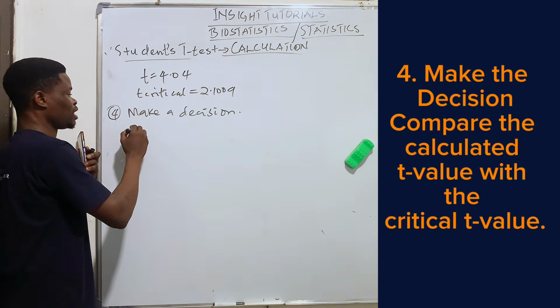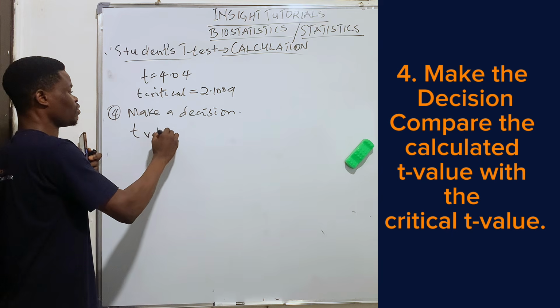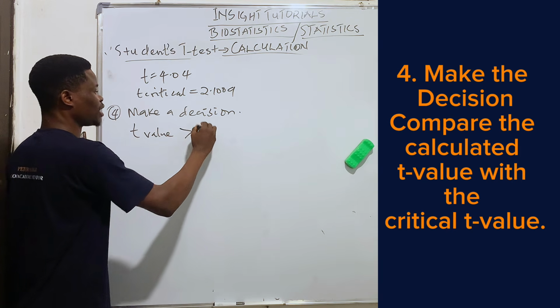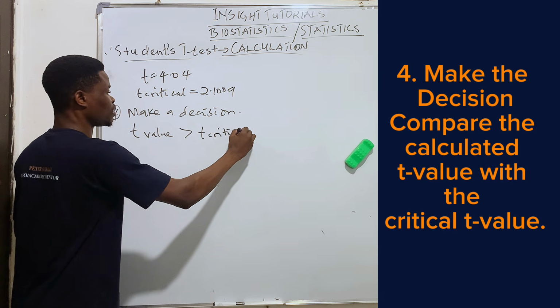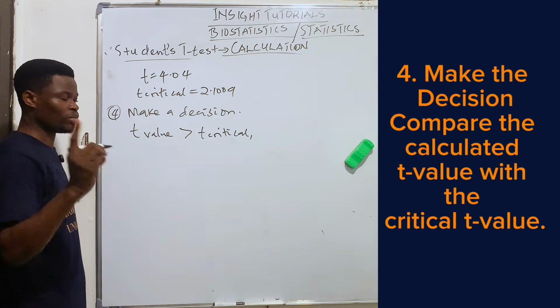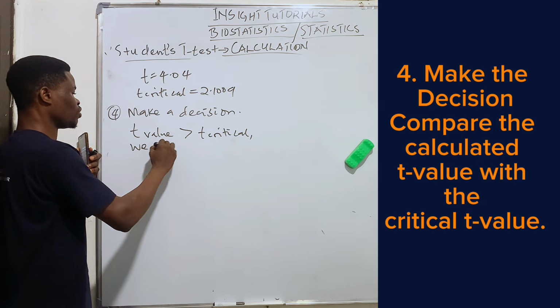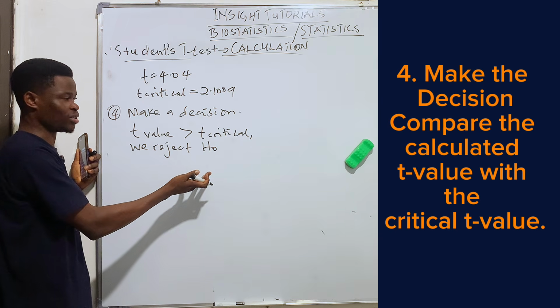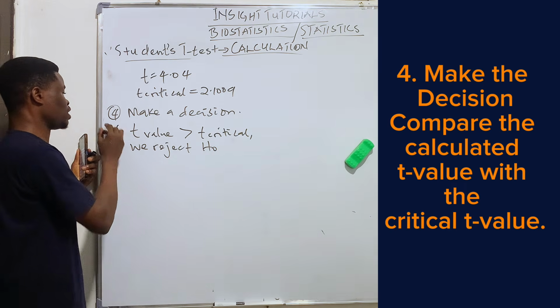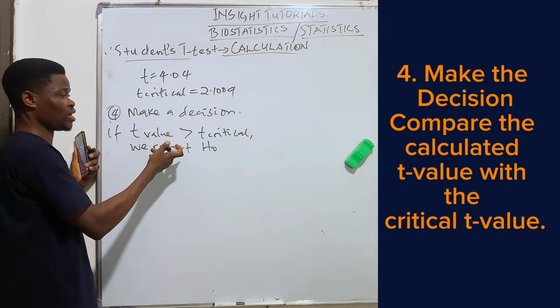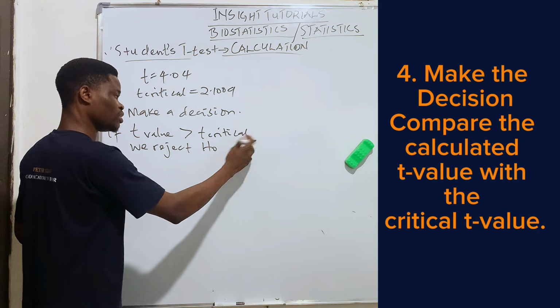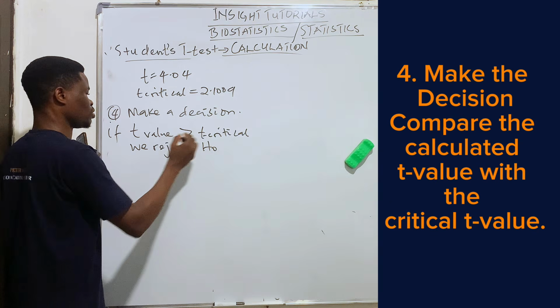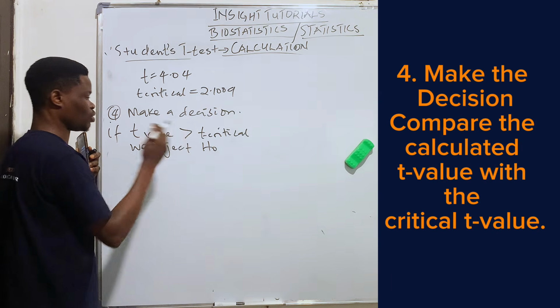The law says that if the t value is greater than the t critical, the decision we'll make is that we reject H0, where H0 means the null hypothesis. That's if the t value is greater than the t critical, we would reject the null hypothesis.